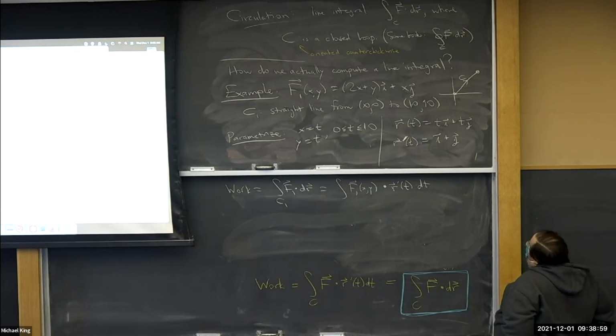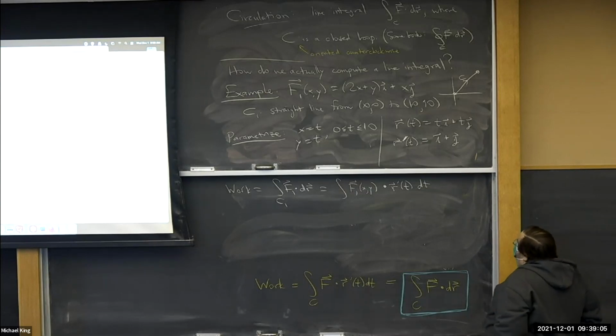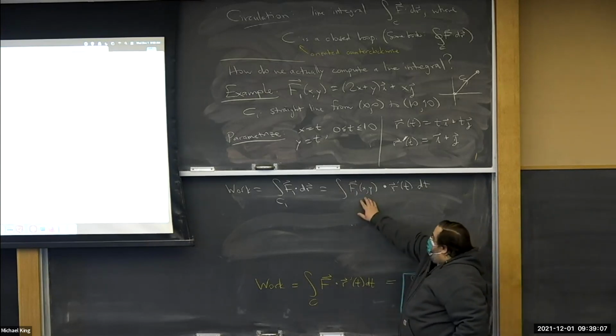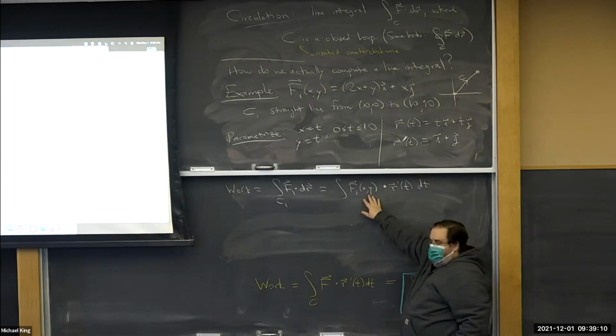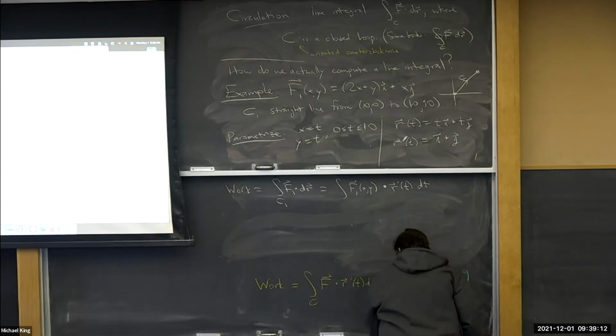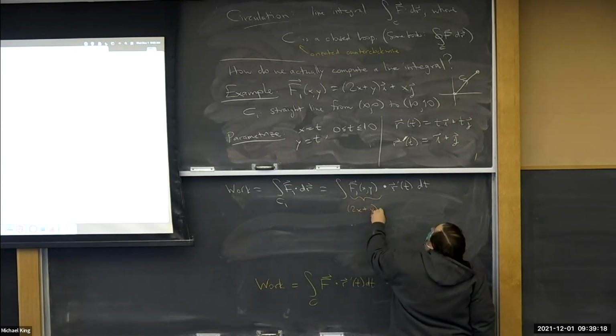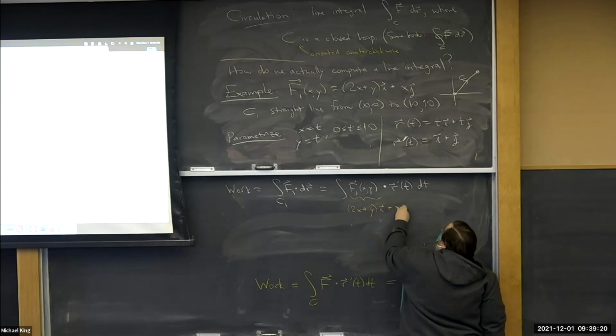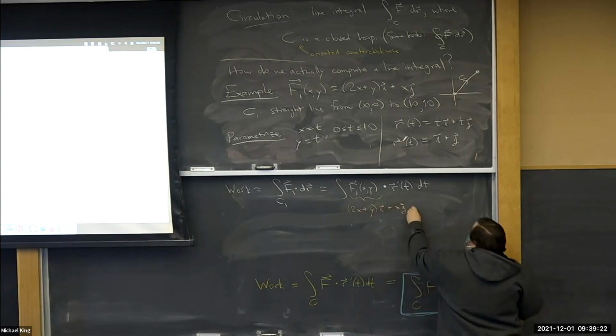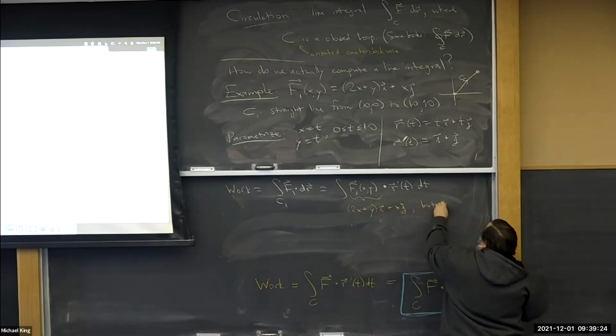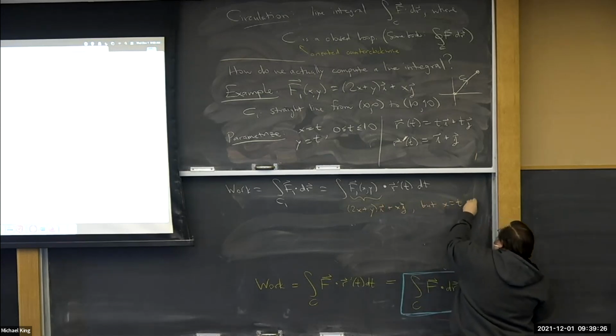But let's think about what I actually mean here. This is along the path, right? Let's write this out a little more carefully. This thing right here, we said, is 2x plus y i plus x j, but x equals t and y equals t.